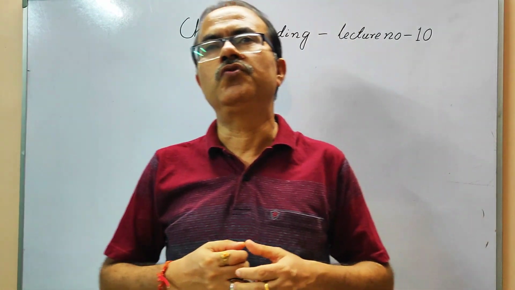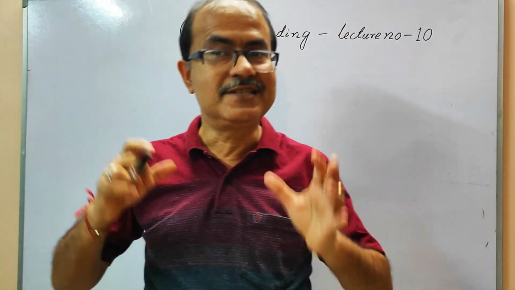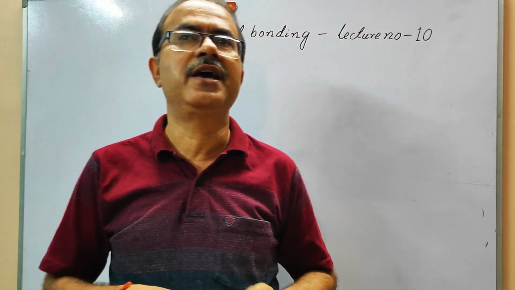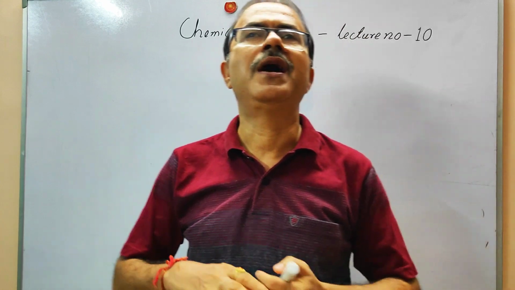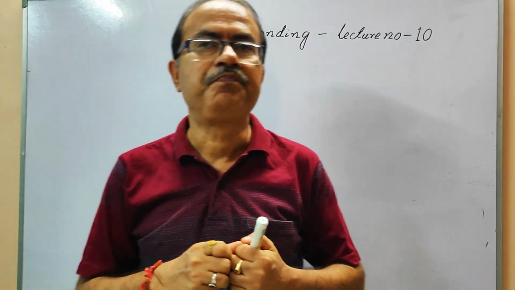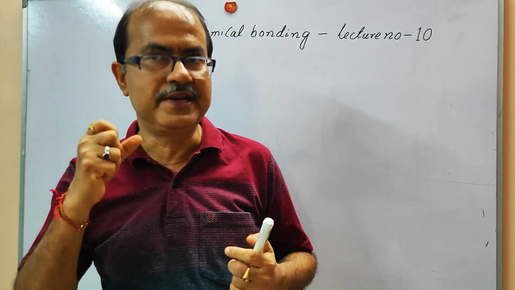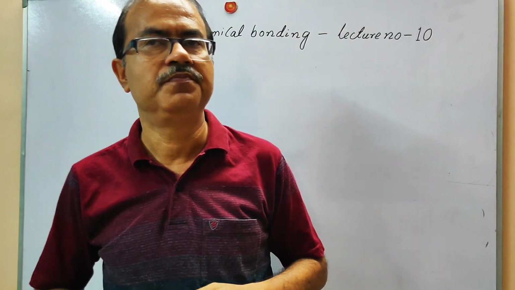In polyatomic molecules, the most important thing apart from the bonding is its shape, because polyatomic molecules like NH3, H2O, and methane will have different shapes. Now, the question is whether this valence bond theory is able to predict all the shapes of these molecules.